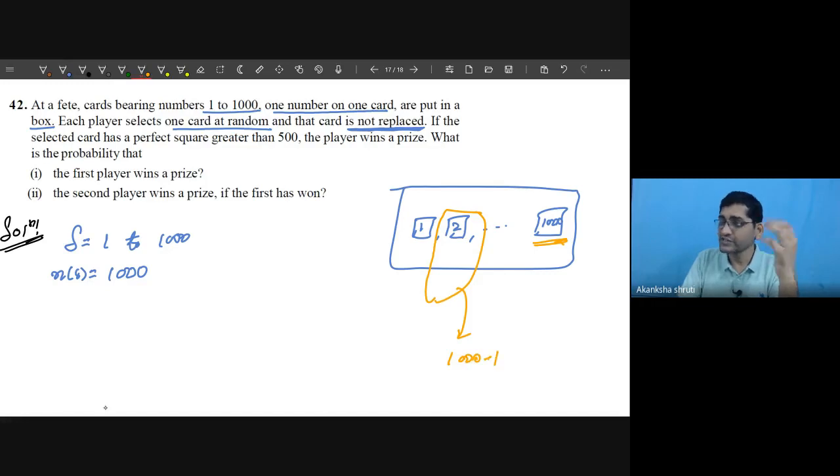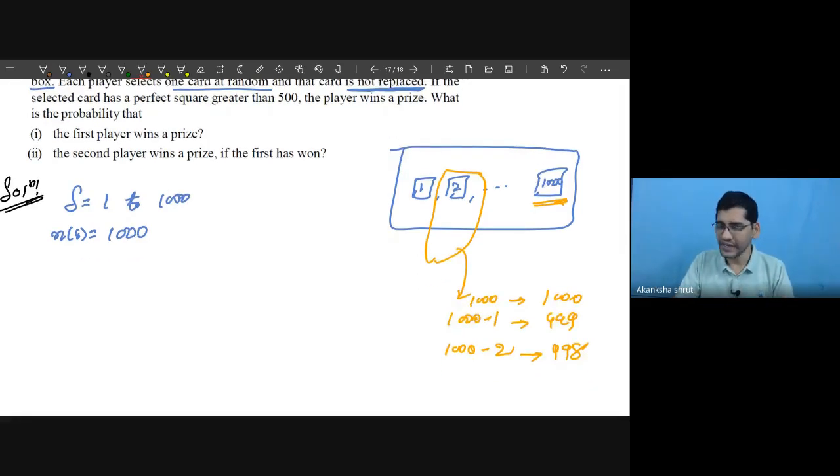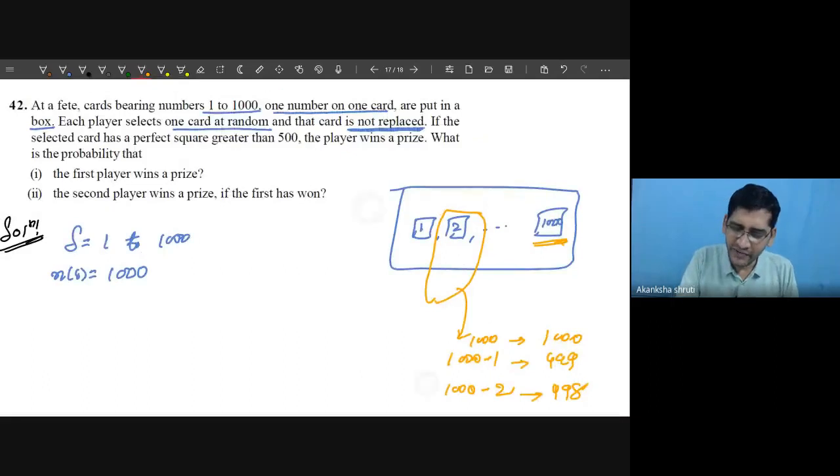For the third player, even one more will be reduced, minus 2. So for the first player, total 1000 will be there. For the second player, 999 will be there. For the third player, 998 will be there. So this way it will continue. So it is the meaning of not replaced.